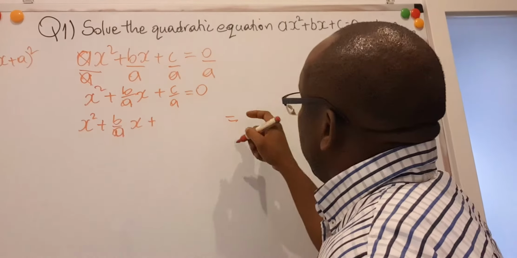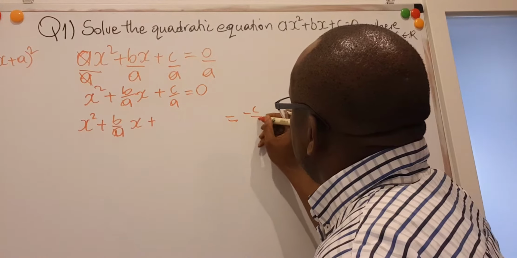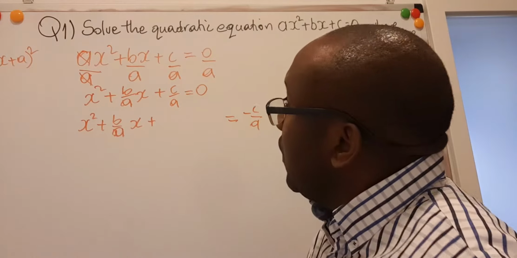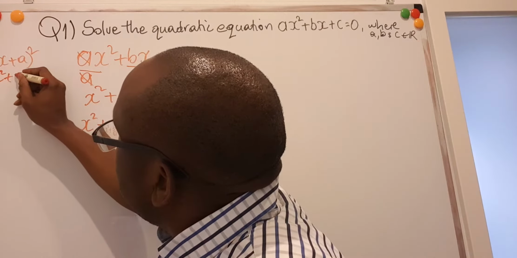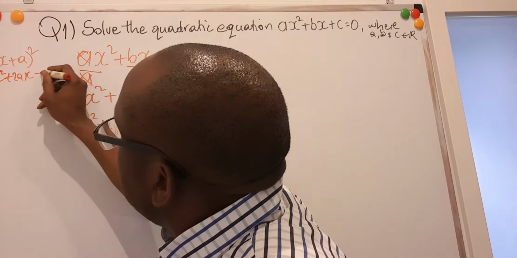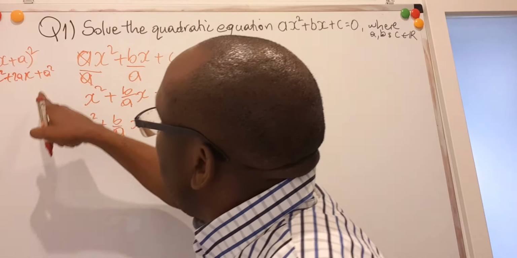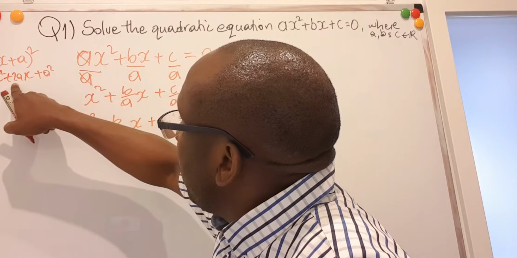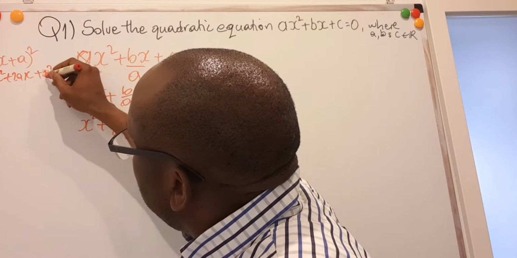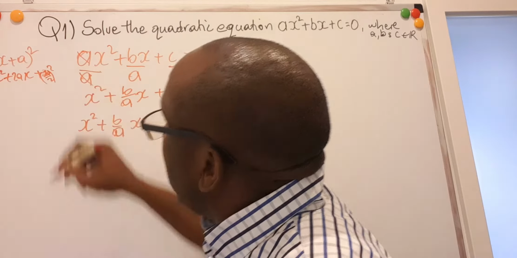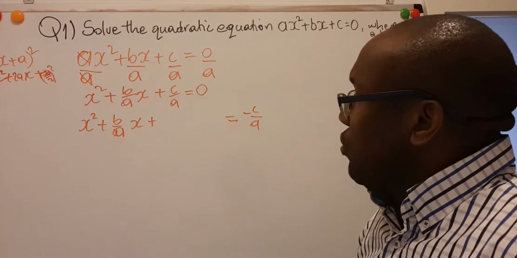I take the constant to the right hand side and it becomes minus c on a. If you expand this, you will see that this is x squared plus 2ax plus a squared. If you look at this very well, the a is just half the coefficient of x, that is, 2a on 2, squared.